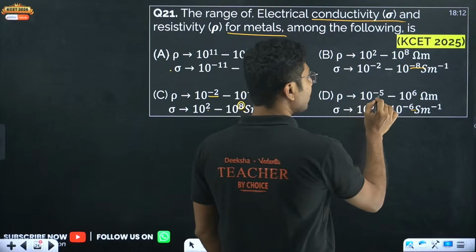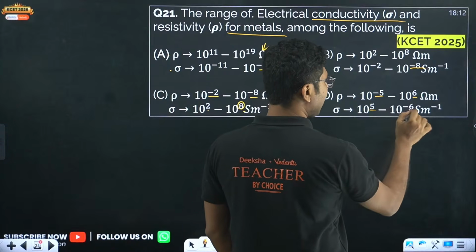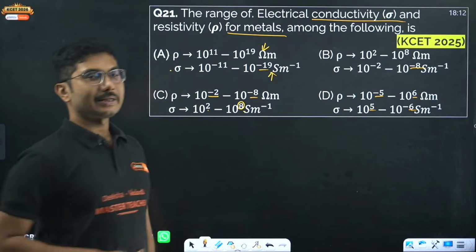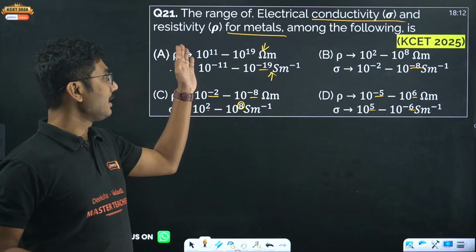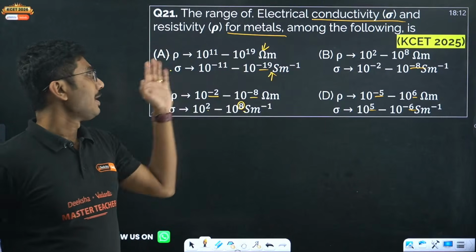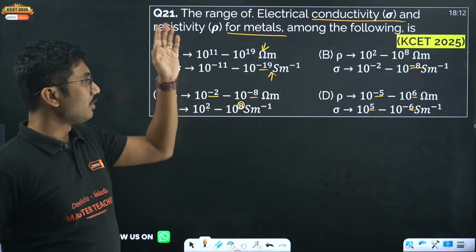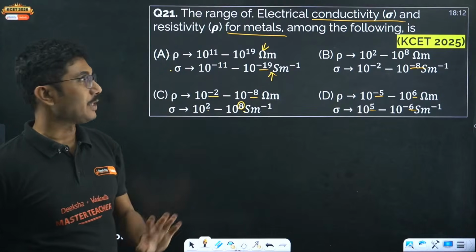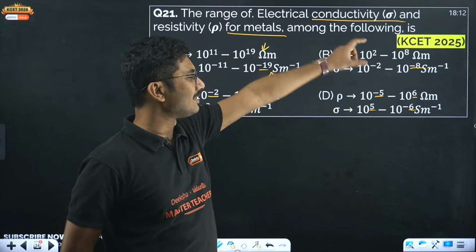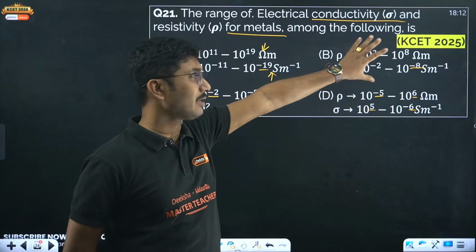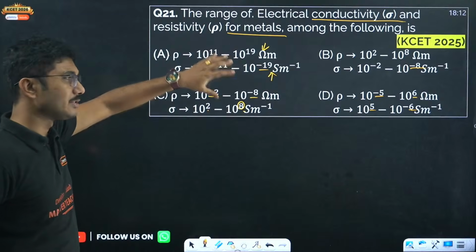Semiconductors have both ranges, plus and minus. Insulators, again, rho will be positive and sigma will be negative. That is how you identify. This one does not make any sense. This is also an insulator, but the better insulator is this one.